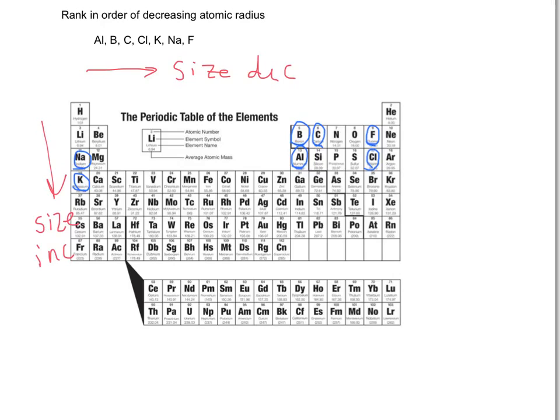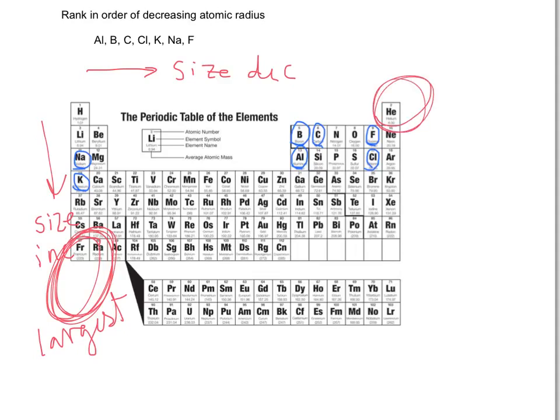Since it increases as you go down and decreases as you go across, this corner of the periodic table has the largest sizes or radii. This corner of the periodic table has the smallest radii.